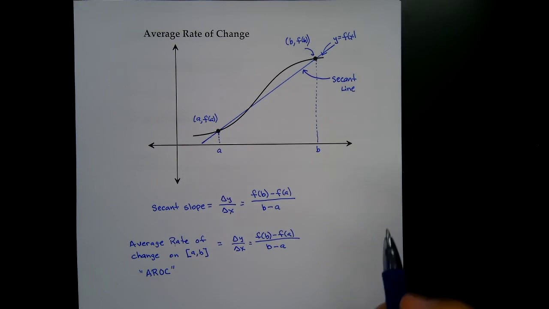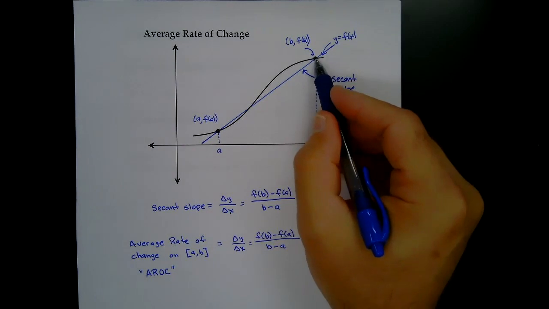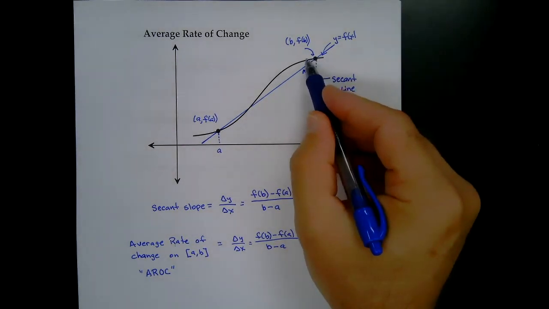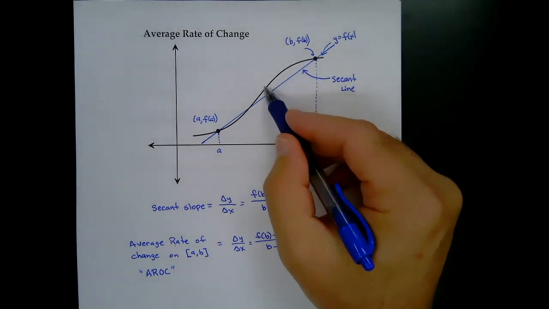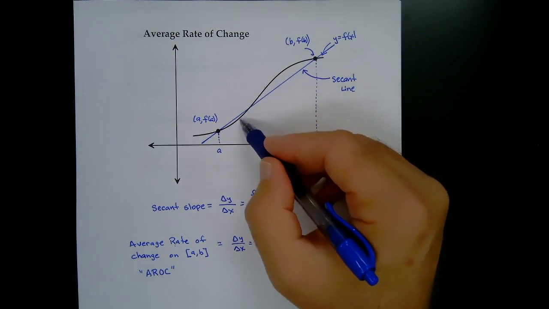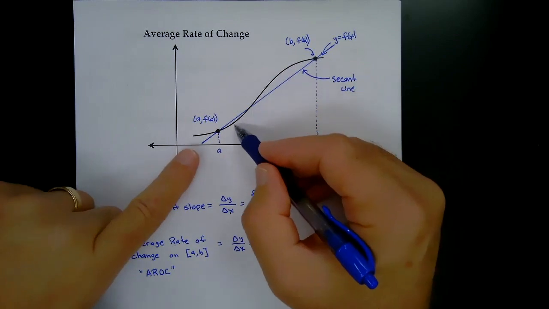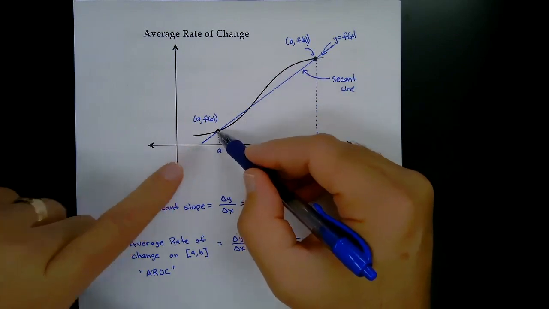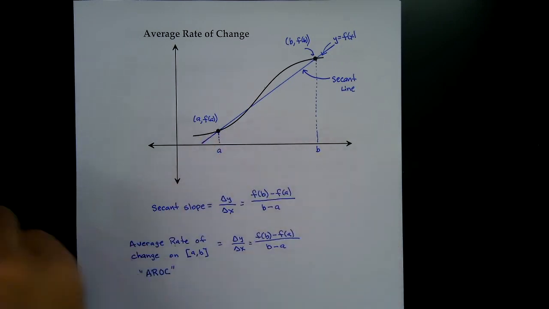But what happens is, and this is what we need limits for, what happens as we bring this point and move it along the curve? I'm going to show you a video on this in a little bit. As I move this point along the curve, the slope between 2 points becomes the slope at 1 point, and it just barely touches it right here.